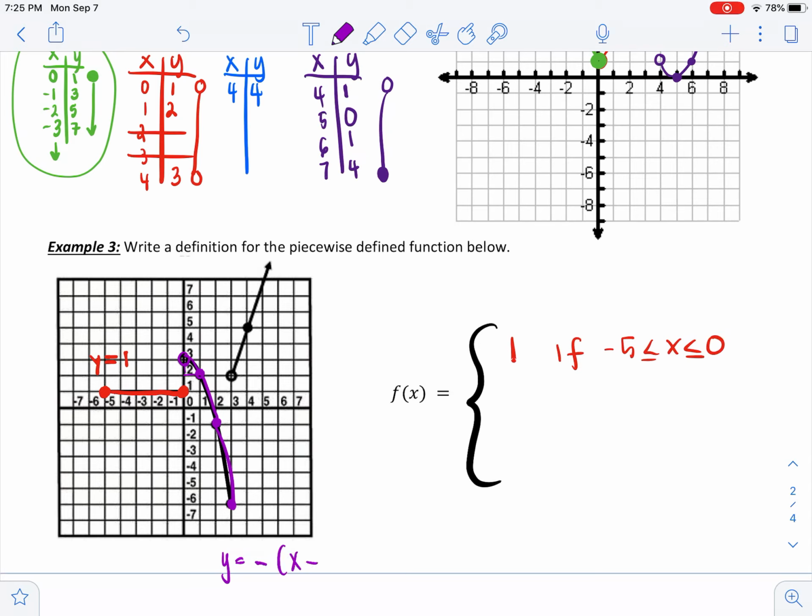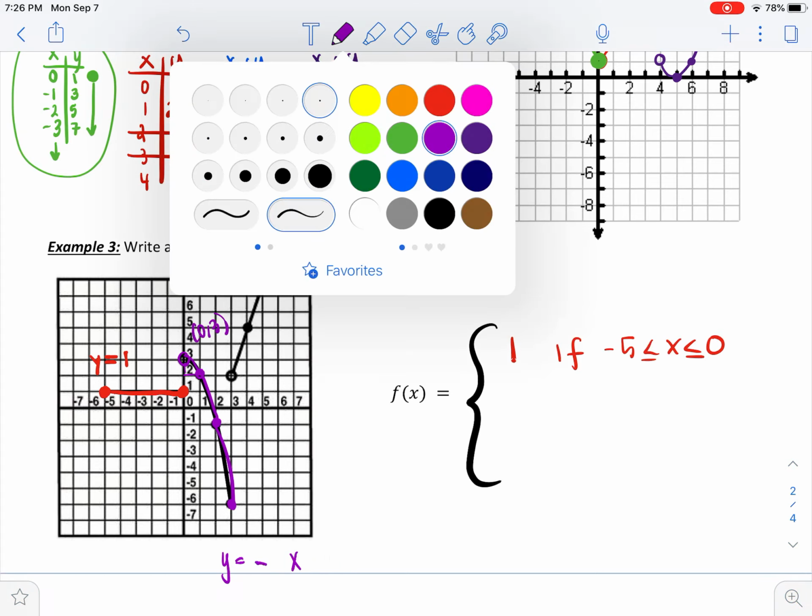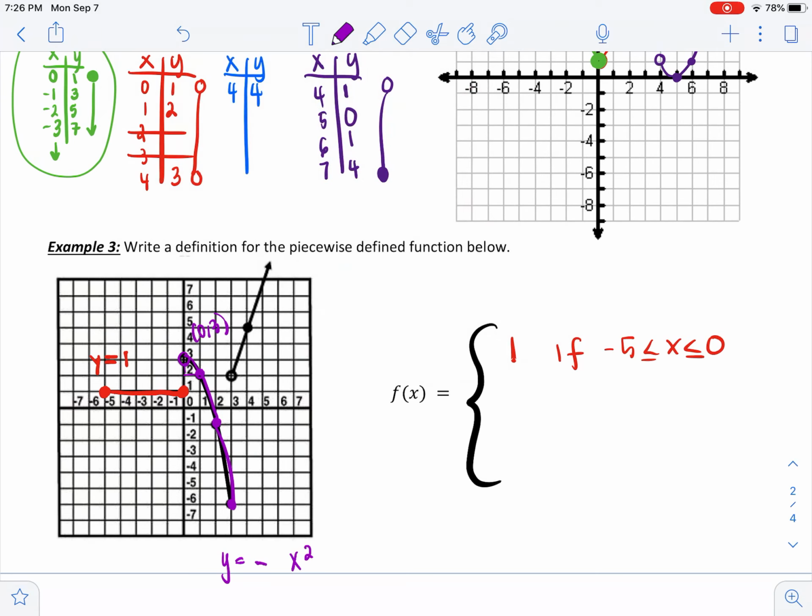And then I'm going to do x minus, if you look where the vertex is, that's at (0, 3). So x minus 0 squared, so I don't need the parentheses anymore. And then plus k, so plus 3. So that's y equals negative x squared plus 3. If you look at the domain of that piece, it's from 0 to 3. So I'm going to put in between 0 and 3. At 0, it's open. At 3, it's closed.